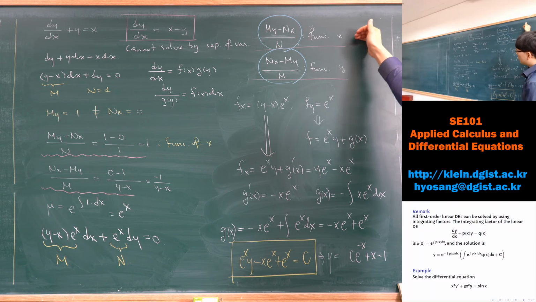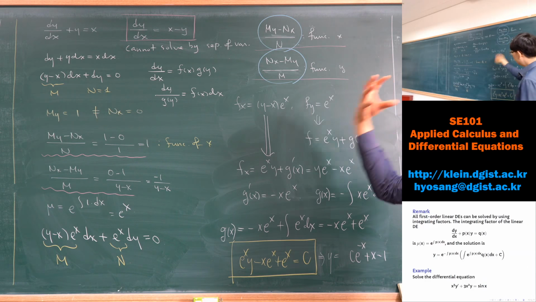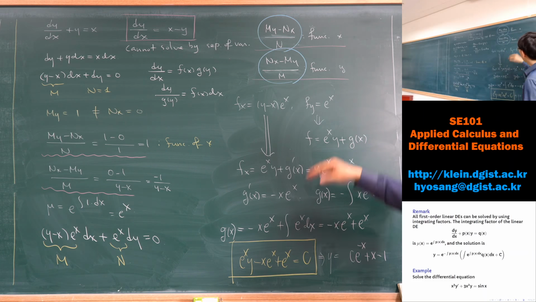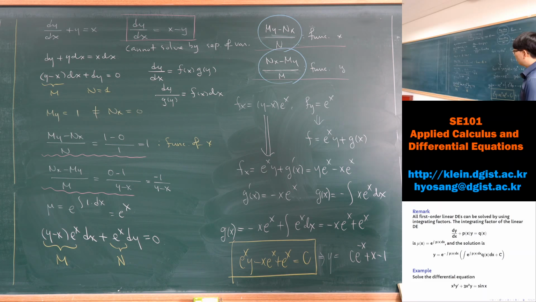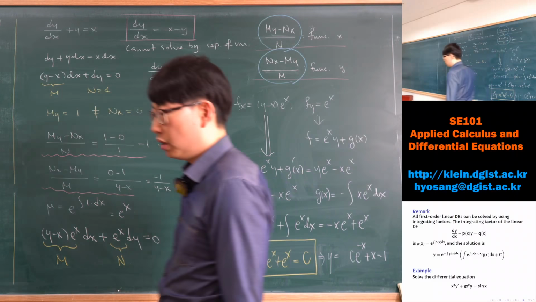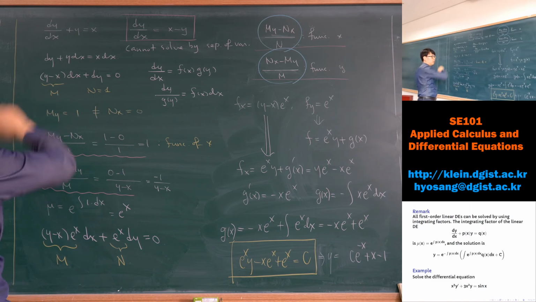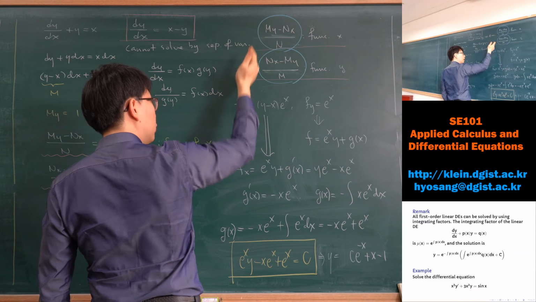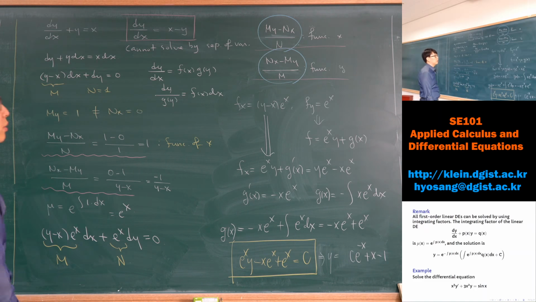Then you cannot solve that differential equation by integrating factor. So I'm telling you that if you can find an integrating factor, then one of these conditions will be satisfied. If I tell you to solve some differential equation using an integrating factor, then I'm assuming that you can solve it by the integrating factor. So you can check these two conditions, and you can easily see that only one of them will be satisfied.